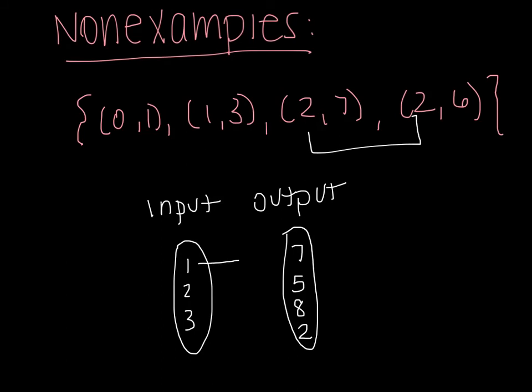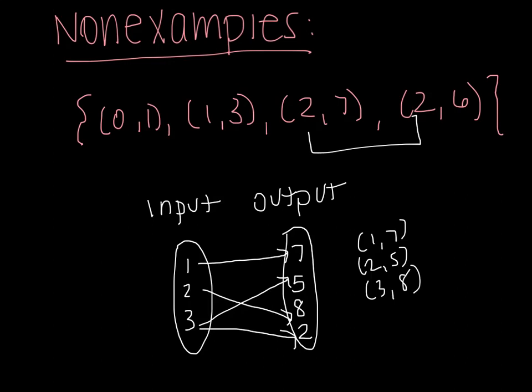So let's say 1 maps to 7, 2 maps to 8, 3 maps to 5, but 3 also maps to 2. In this case, again, if it helps you, write these as coordinates so you can see it better. And we see again, each input does not have only one output, so this is not a function.